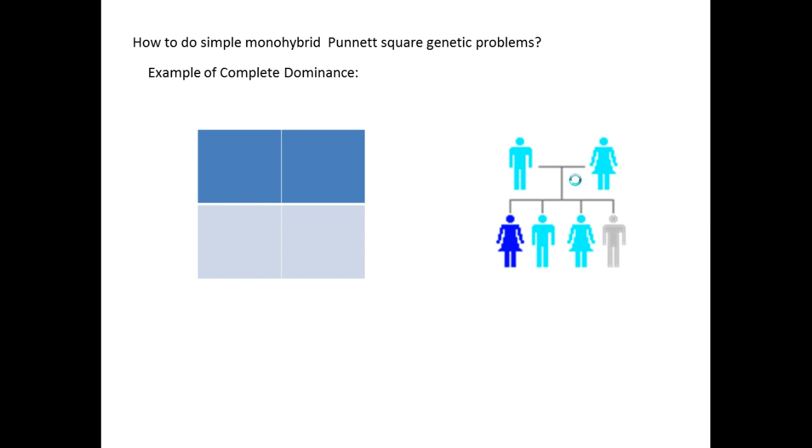Okay. Now, what about an example of a disease that's dominant? For example, Huntington's disease is a dominant trait. So if you have the allele, then you have the disease.